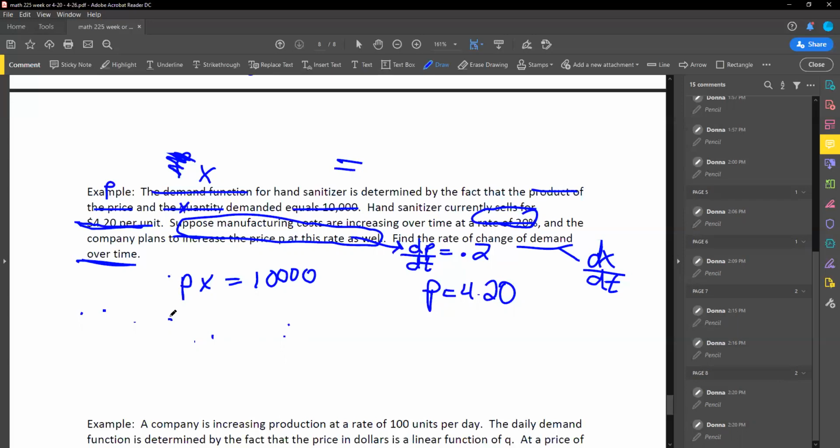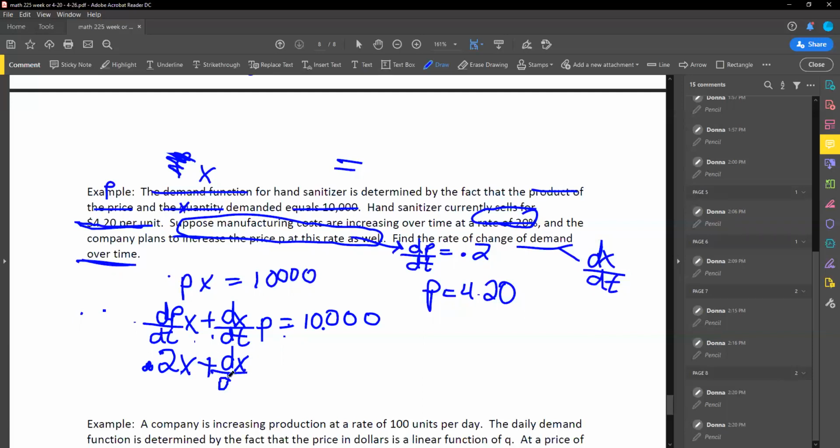So if I do the product rule, the derivative of the first times the second plus the derivative of the second times the first equals 10,000. dp/dt we knew was 20, right? X I don't have yet, but I'm going to figure that out. dx/dt I'm solving for, so that's good. We want dx/dt, and the price is 420, right?